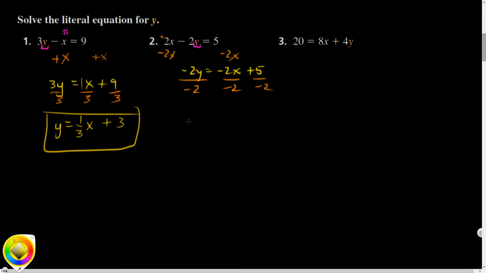So I'm going to get y equals negative divided by negative is positive. 2 divided by 2 is 1, so that's just plain old x. You could throw a 1 there, but really, it's implied. And 5 divided by negative 2, instead of writing plus 5 over negative 2, I'm just going to write that as minus 5 halves.